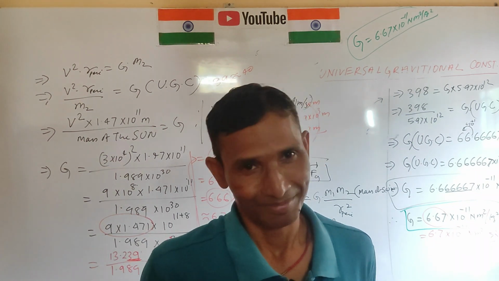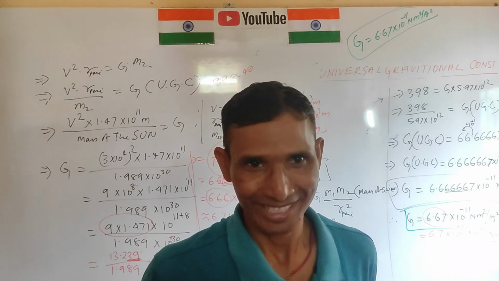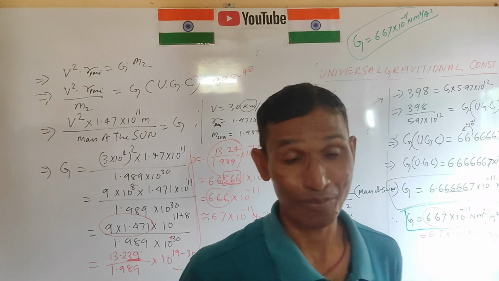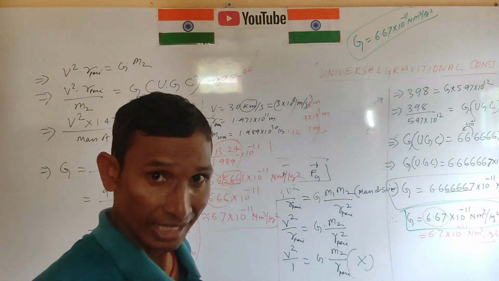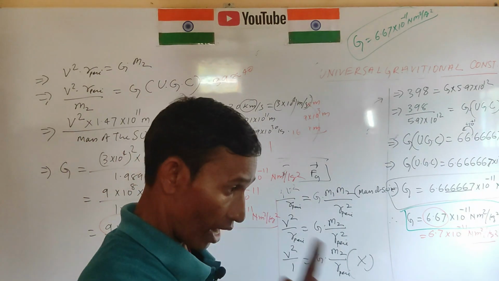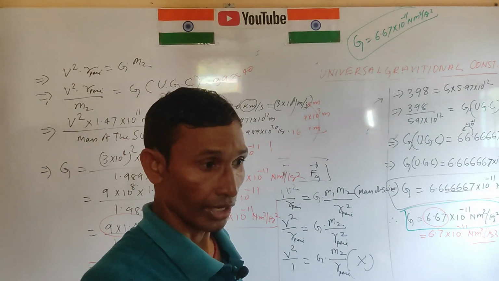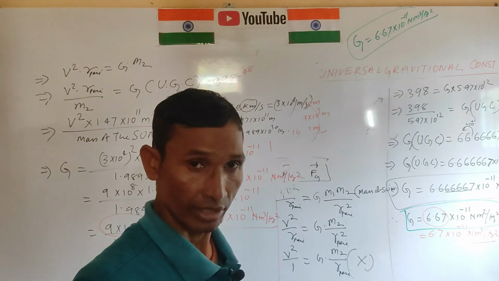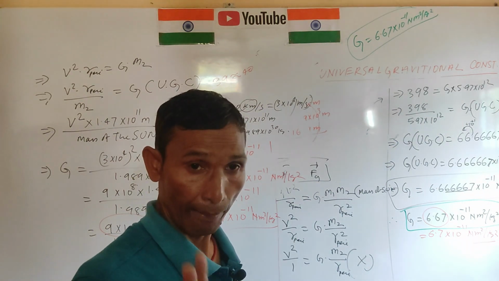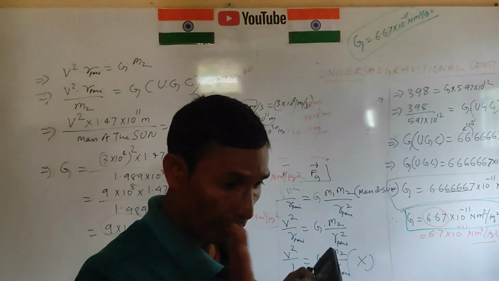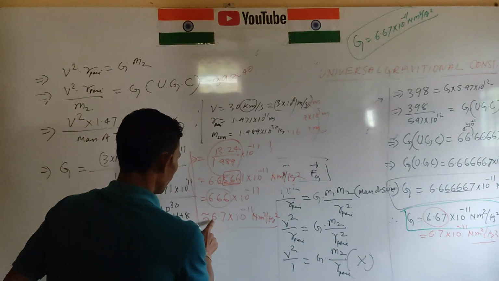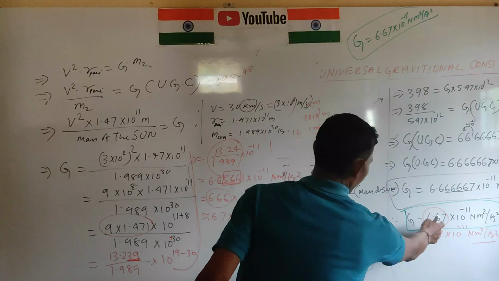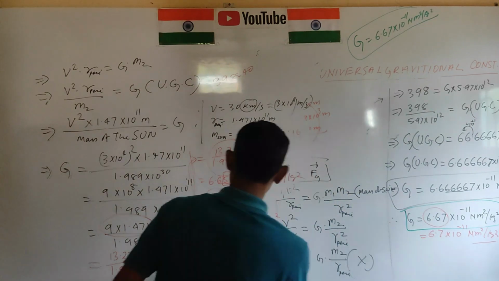So how can you see in your mind? Here we consider that the value of capital G is universally constant. Everywhere the value of capital G is 6.67 or 6.7.